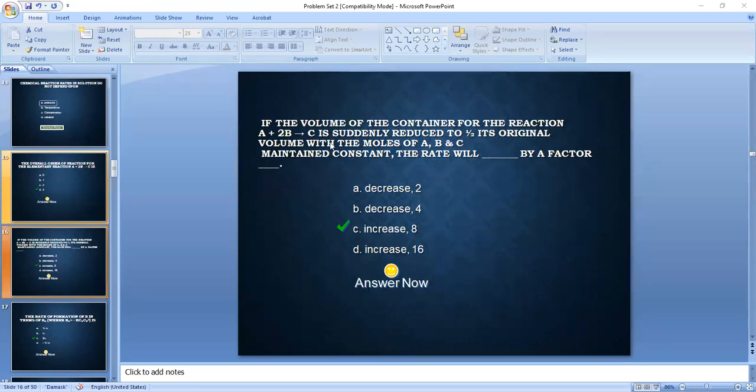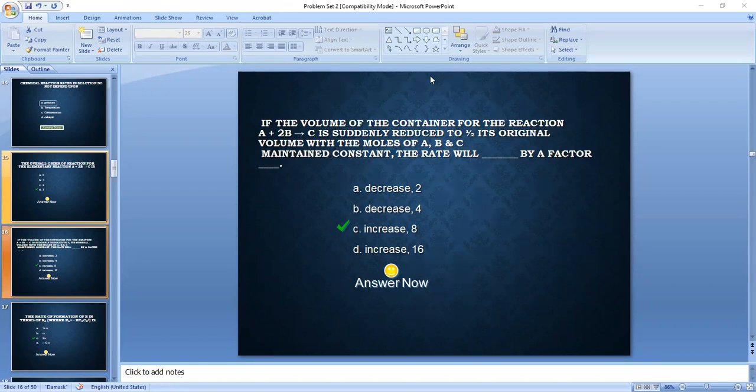Now, in this particular question, we're talking about the system's volume. The system's volume decreased by 50%, resulting in an increase in the rate of 8 times the original rate. So how do you explain that?